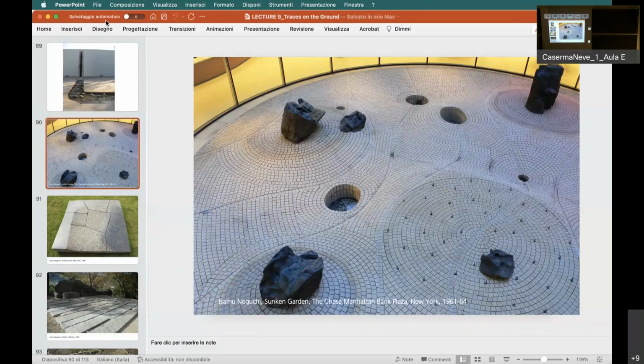But I think that to make a project successful, you should always make the attempt to not only have your narrative, but also to respond to some things. Eventually, you make choices in any way, and you are having an effect on the way people are experiencing the spaces, open or closed.